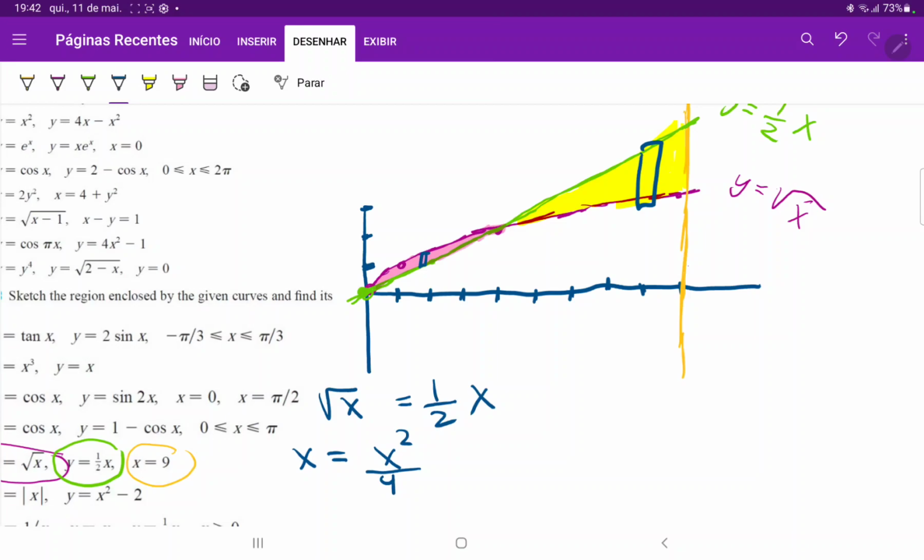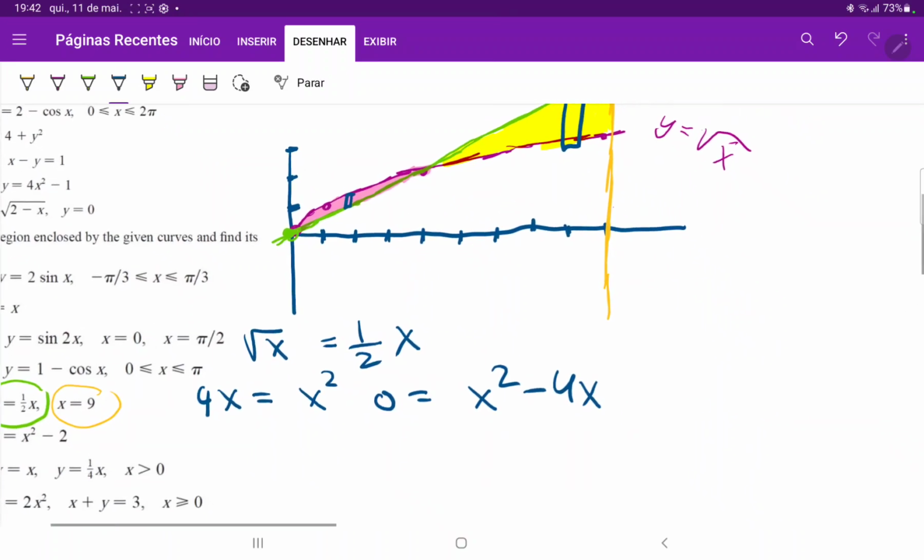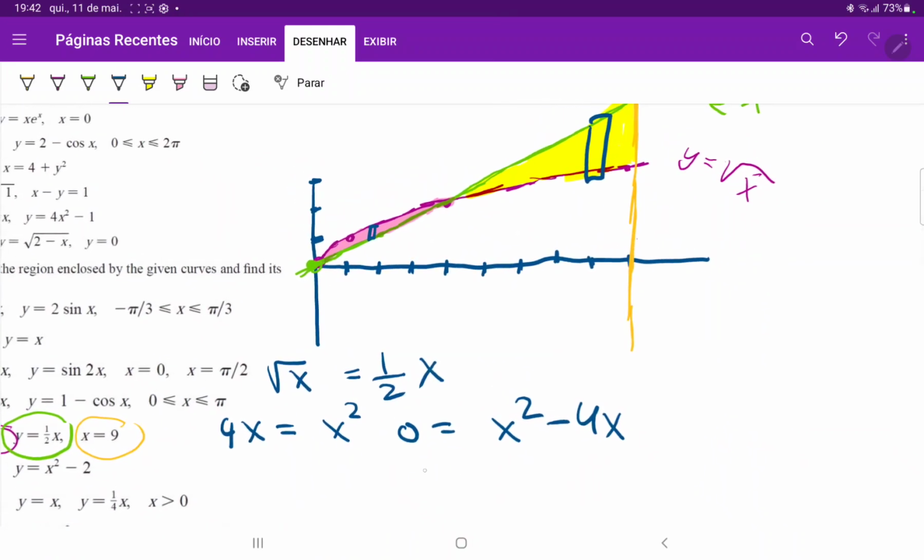And then let us bring the x over to the right-hand side and multiply everything by 4. So first I'm going to multiply everything by 4 to make it easier. So then this becomes 4x. And now let's bring everything over to the right-hand side. So 0 is equal to x squared minus 4x. So if we factor out an x, this goes 0 is equal to x times (x minus 4).